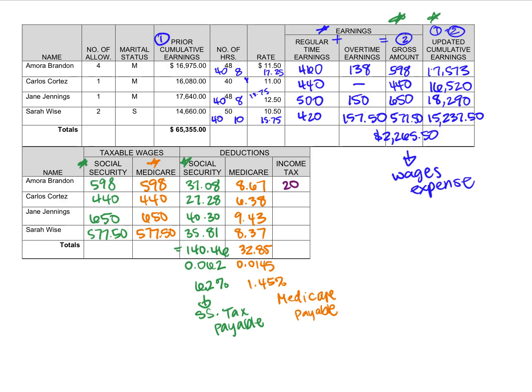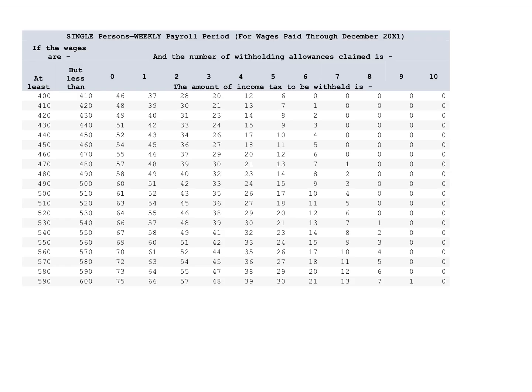Let's look for Sarah Wise. So this says she has 2 allowances and she is single. So let's go find hers as another example. All right, so now we're looking for our employee Sarah. It said that she was single and that she had 2 allowances.